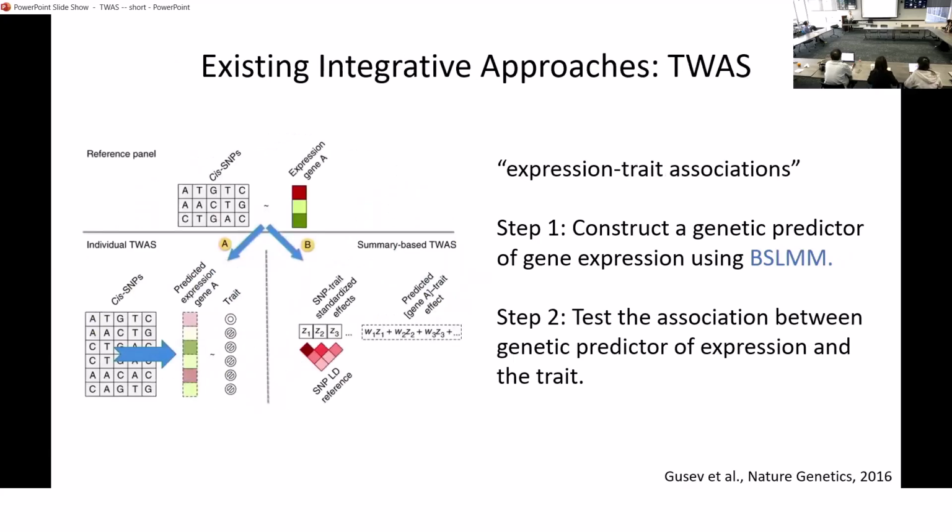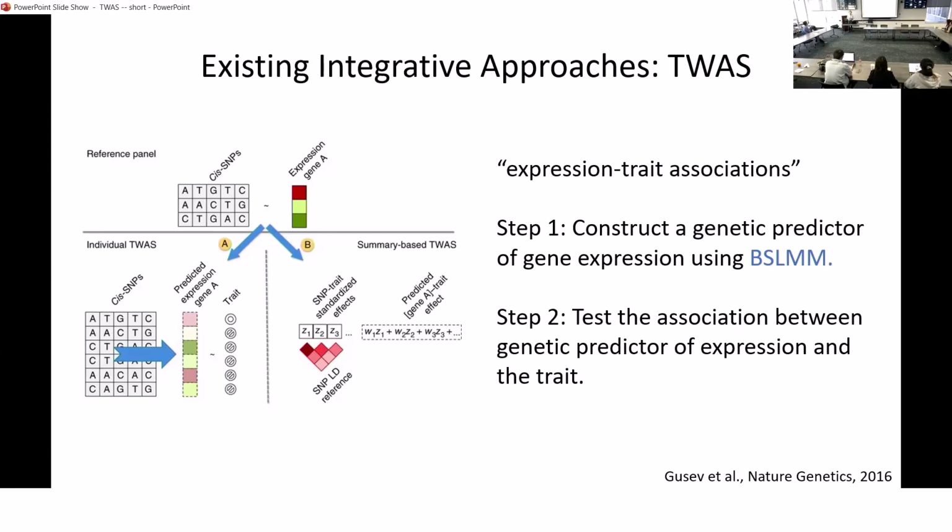And the second method is TWAS, or transcriptome-wide association study. And it's marketed as expression-trait associations. And it also consists of two different steps. In the first step, it's also looking at the eQTL mapping data. It's using the cis-eQTLs to construct a predictor of gene expression. And this time, it's using BSLMM to construct this prediction instead of ElasticNet.